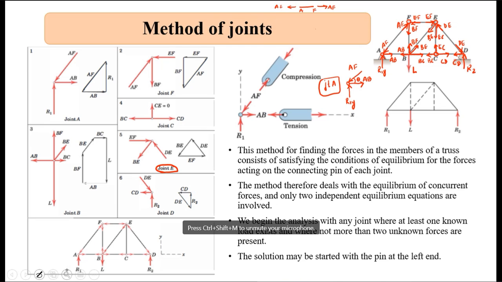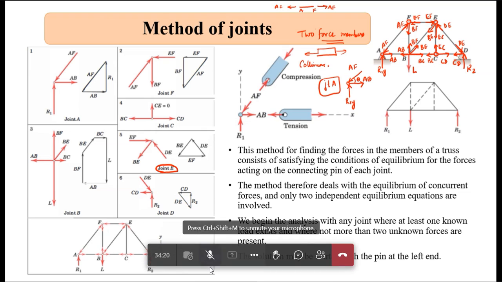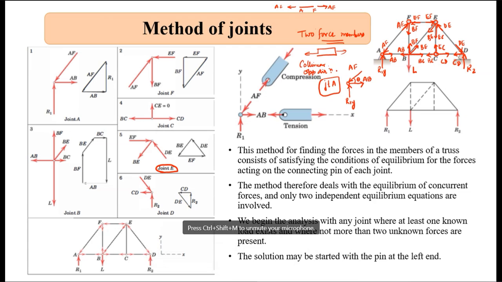So in this, we can conclude that all the forces must be equal and opposite. Yes, of course, because they are two force members. Yes, sir. Two force members. So for a two force member to be in equilibrium, the forces should be collinear, preferably collinear and in opposite direction, isn't it?